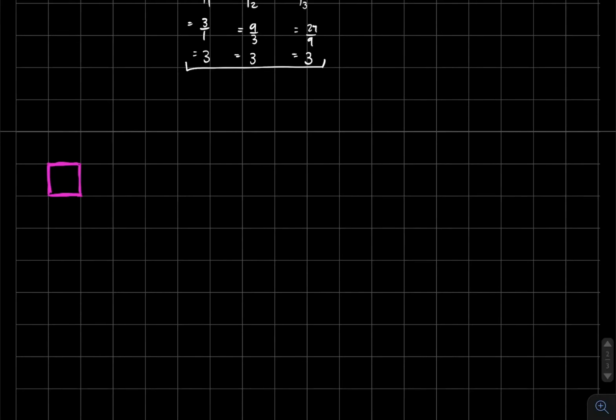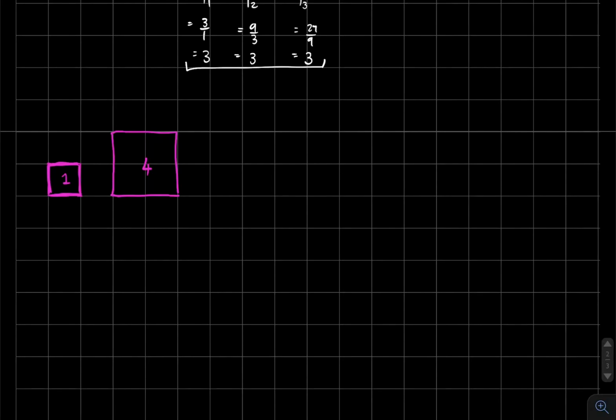Since this one has only one block, we can consider it to have an area of 1. So if we were to multiply the area of the square by 4, we would now get a bigger square with area 4.